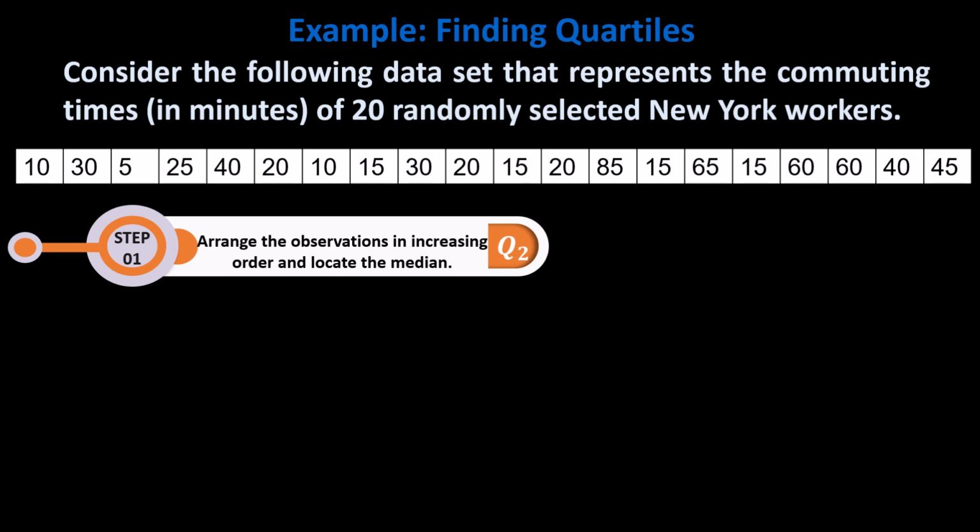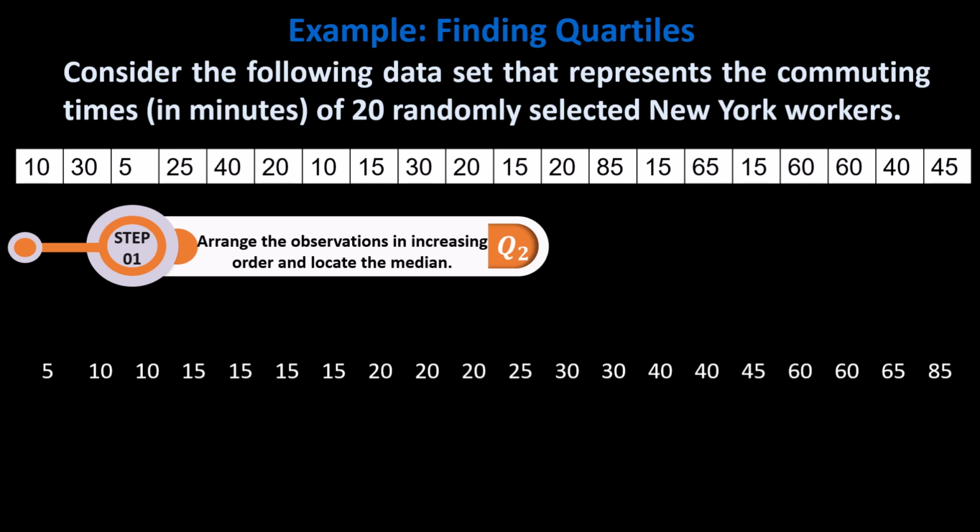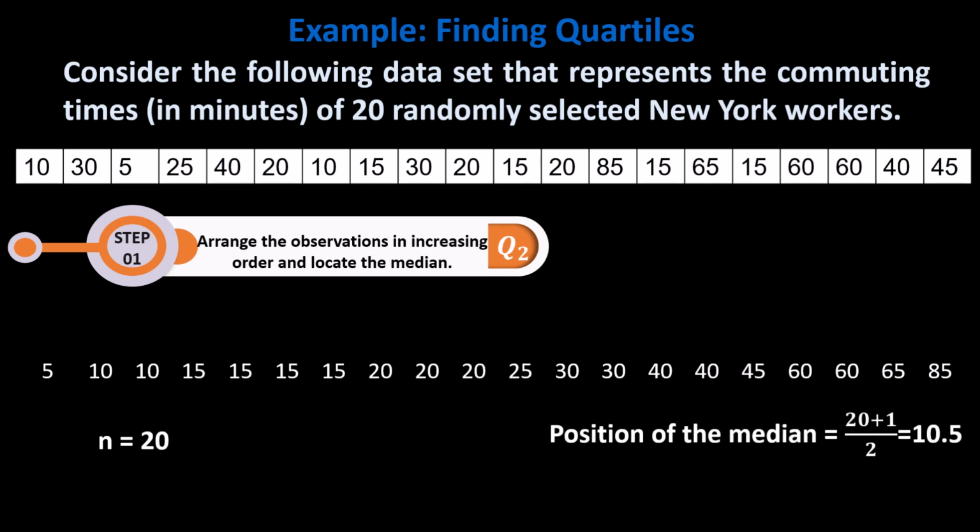We need to arrange our data set in increasing order. Then check the number of observations. How many observations? 20. Therefore, n equal 20. Now let me find the position of the median. I discussed this before. Position of the median is n plus 1 divided by 2. Here n is 20.